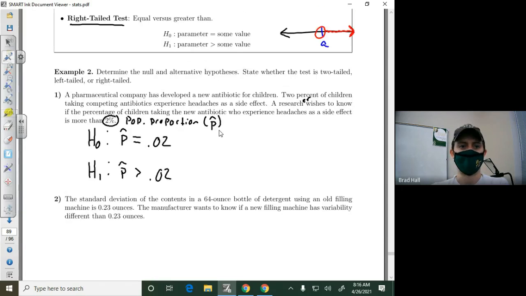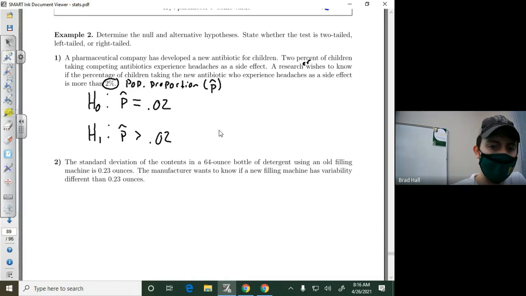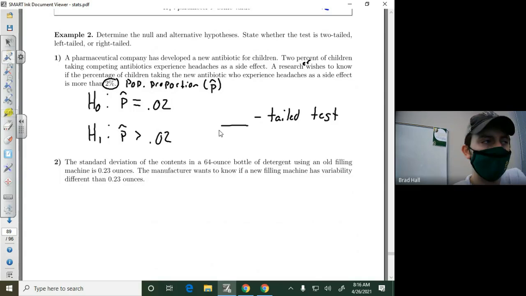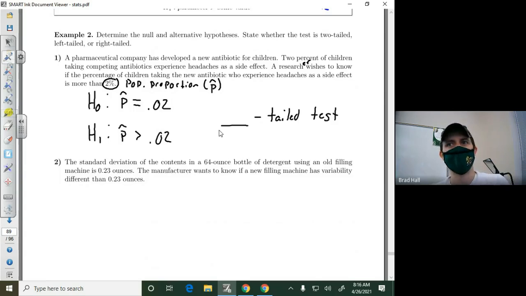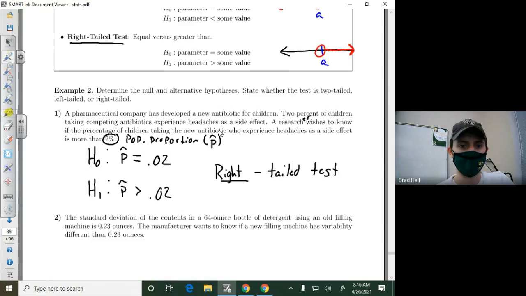And now we need to figure out which tail this is. So I'll do this. All right. What tail test is this? It's a right. And if you scroll up, in fact, I could fit it on the screen here.